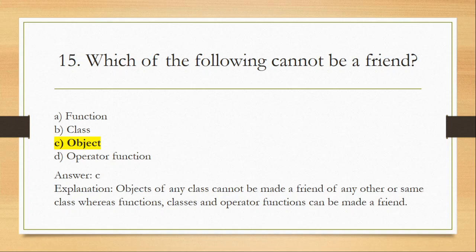Okay, the answer is C. Objects of any class cannot be made a friend of any other or the same class, whereas functions, classes, or operator functions can be made friend. So option C is correct.